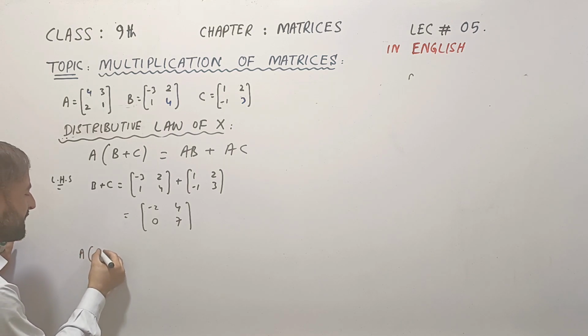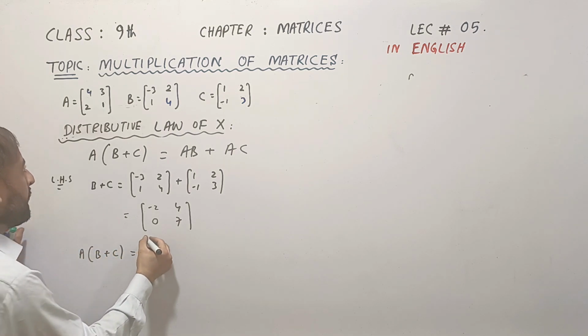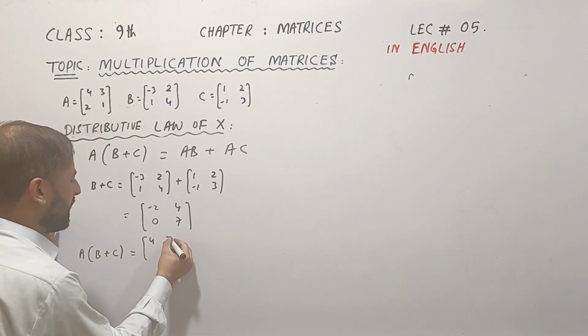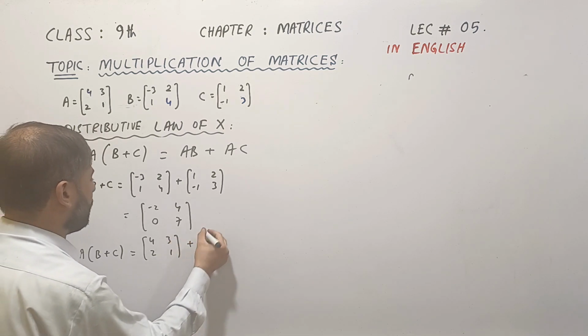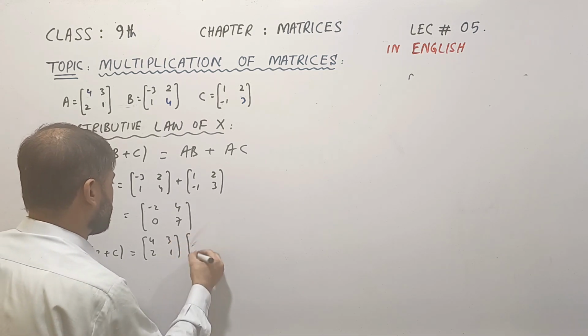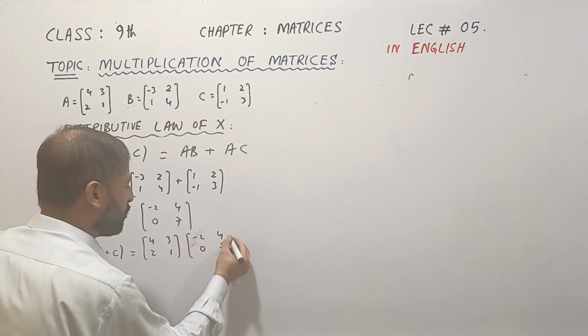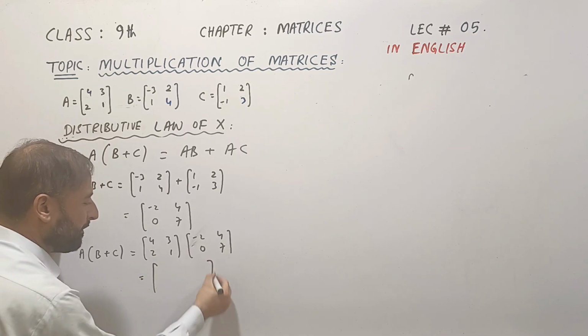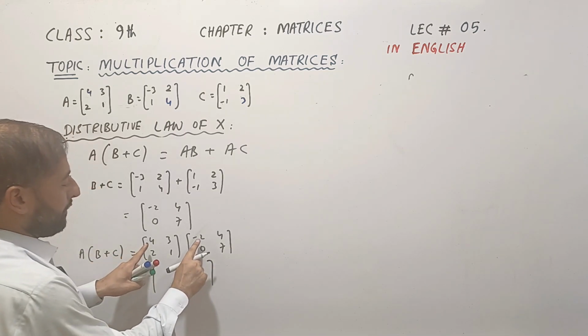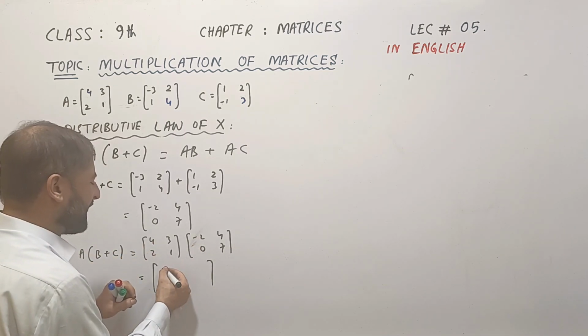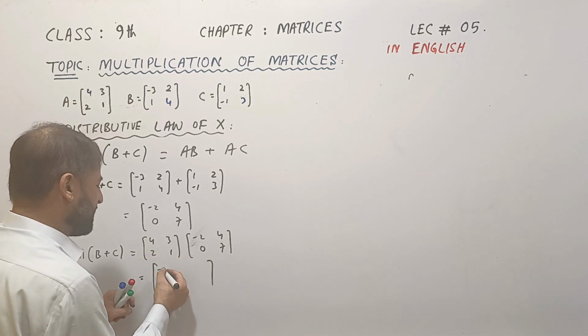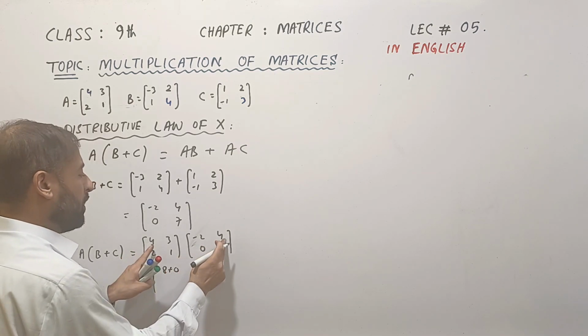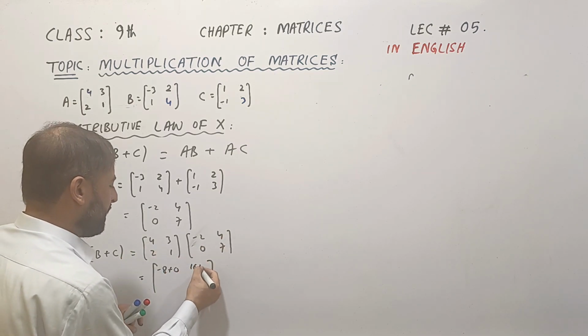A into B plus C. A is 4, 3, 2, 1 into B plus C, minus 2, 4, 0, 7. Students, multiply them. Minus 8 plus 0. I write directly minus 8 plus 0, 16 plus 21.